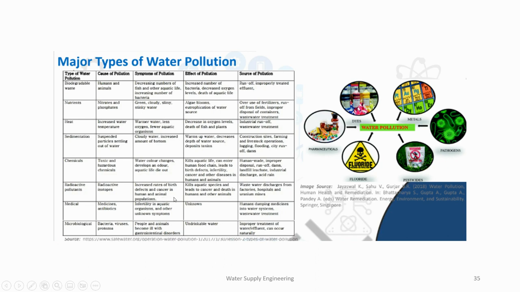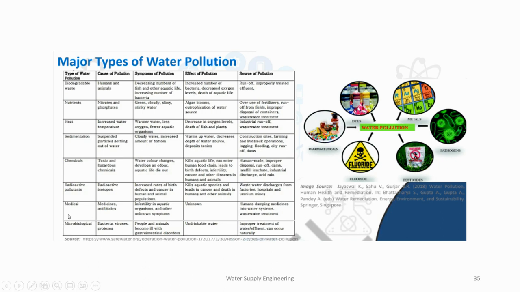It can destroy the flora, fauna as well as human life. Radioactive pollutants typically reach the water source from effluent discharge from factories, industries, hospitals, urban areas, uranium mines, etc.